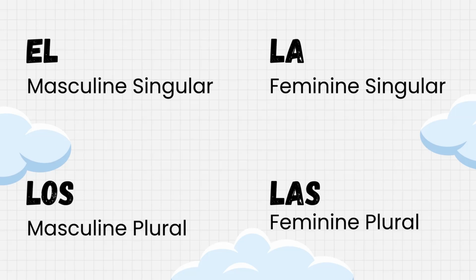It's as simple as that. We have to make sure that we're using the correct article for the correct noun. Once we know that the noun is masculine and singular, automatically we should think el, and so on for the rest of the articles, right?